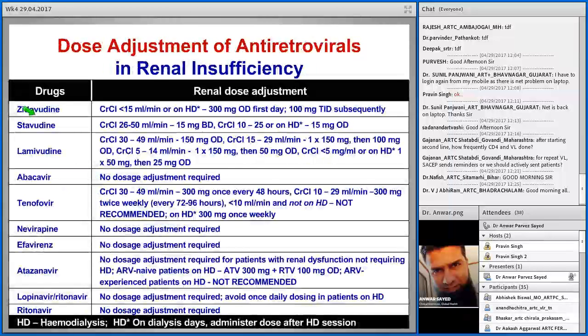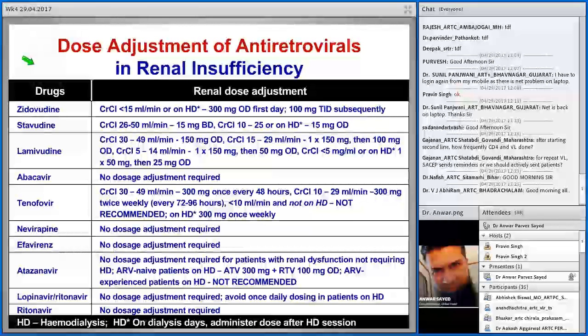That is a common drug, and in case a person develops toxicity to tenofovir, one of the main toxicities is renal intolerance or renal insufficiency or nephrotoxicity, and the second one is bone toxicity.